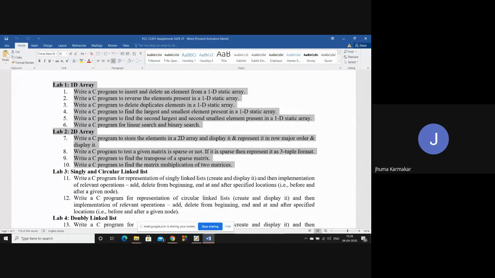So find the transpose of a sparse matrix. Aij will be Aji. That means we have to rotate it, isn't it? How to transpose a matrix? You have to rotate it.